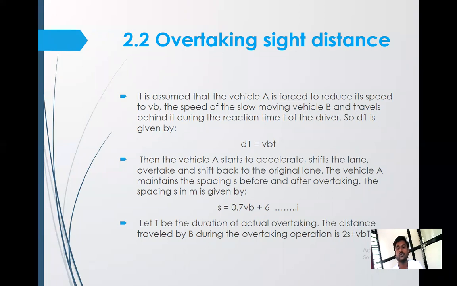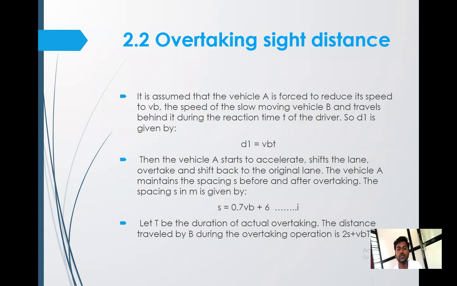The vehicle A maintains the spacing S before and after the overtaking. The spacing S is given by S is equal to 0.7 VB plus 6. The spacing is calculated by the formula 0.7 into VB plus 6.